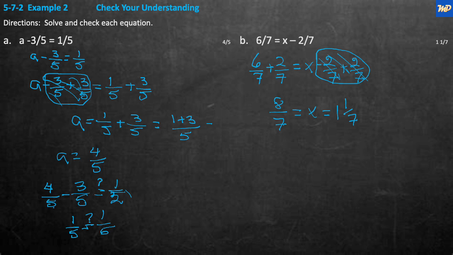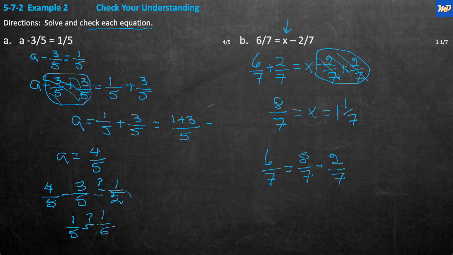But now they want us to check our equation. Instead of the 1 and 1/7, we're going to put in 8/7. If we put 8/7 in here in place of the x, what will we get? Well, let's do it. 6/7 is equal to 8/7 minus 2/7.